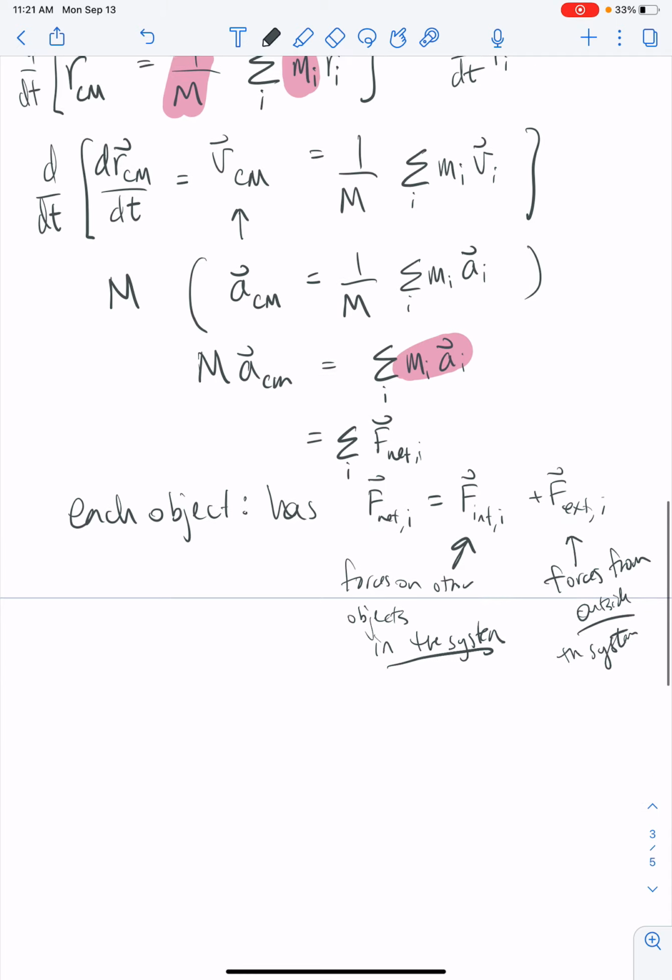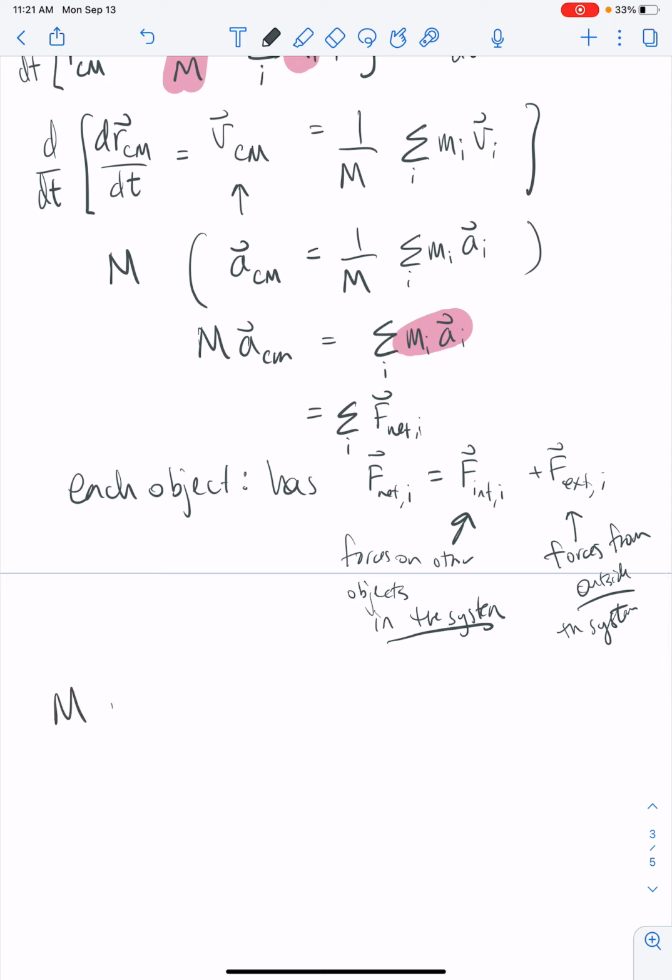Okay, so we're going to write our last equation as the sum of all these internal forces plus the sum of all of these external forces.